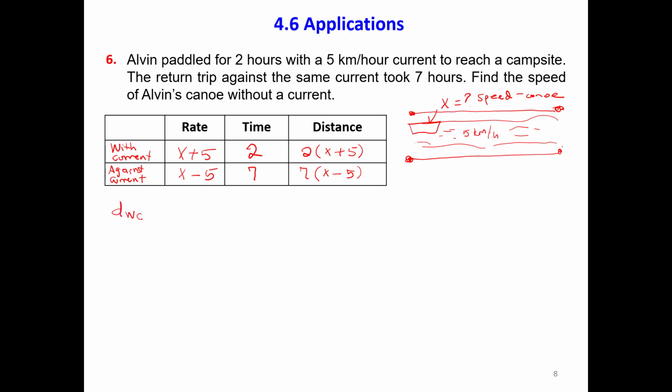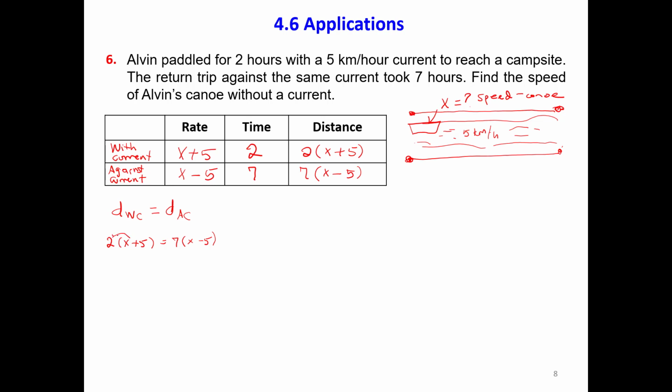The distance he paddled with the current and against the current are the same. Then let's write 2(x plus 5) equals 7(x minus 5). Now we just need to solve for x, and x will give the speed of the canoe without current.